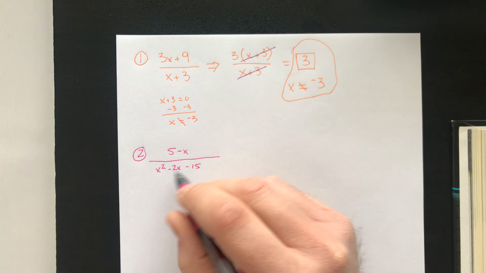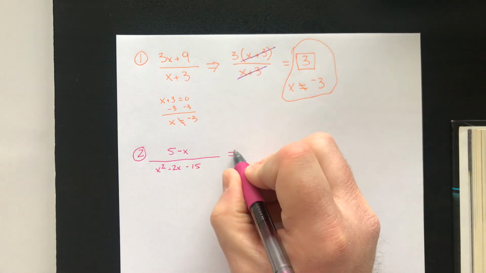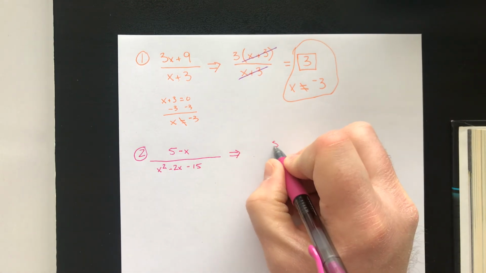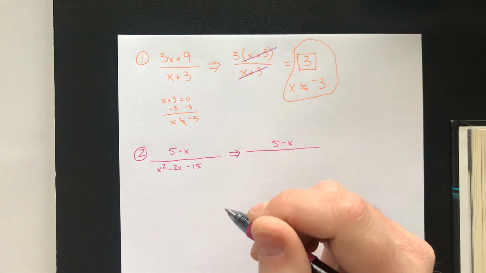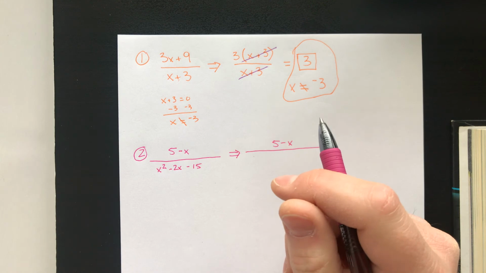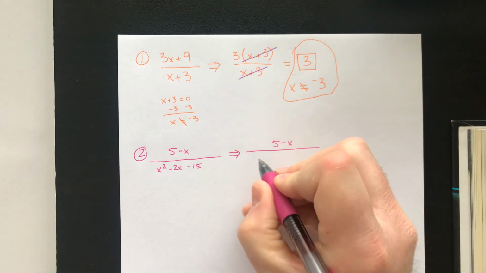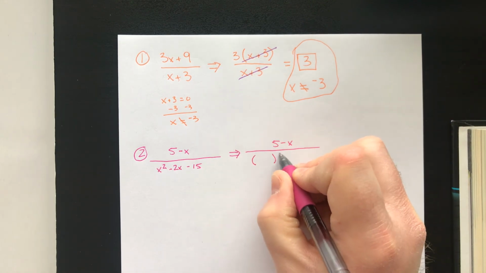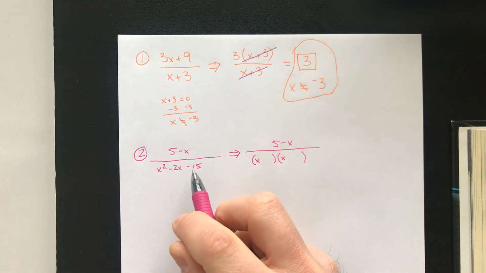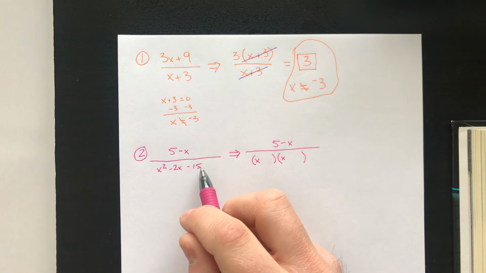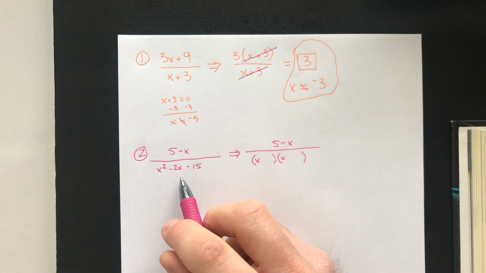We need to factor this quadratic. So I'm going to come over here and say 5 minus x. Once again, that looks weird to me. I'm going to factor the denominator. Multiples that give you a negative 15 will also give you a negative 2.